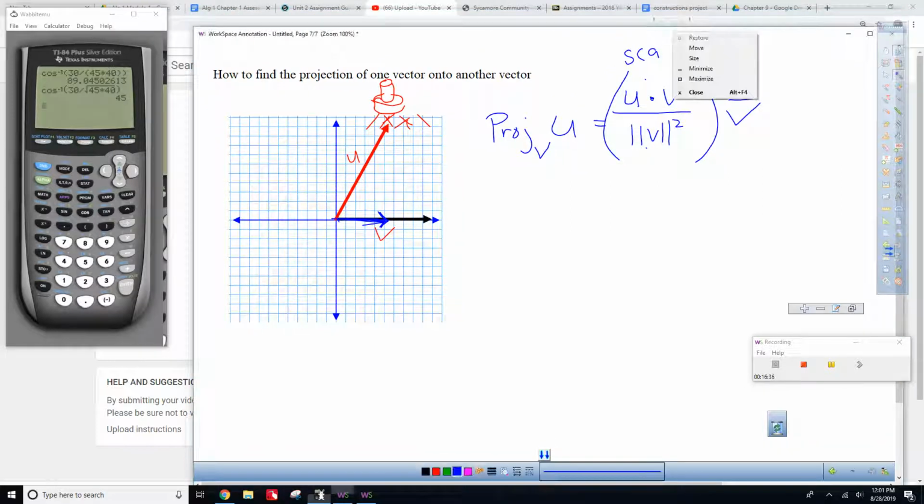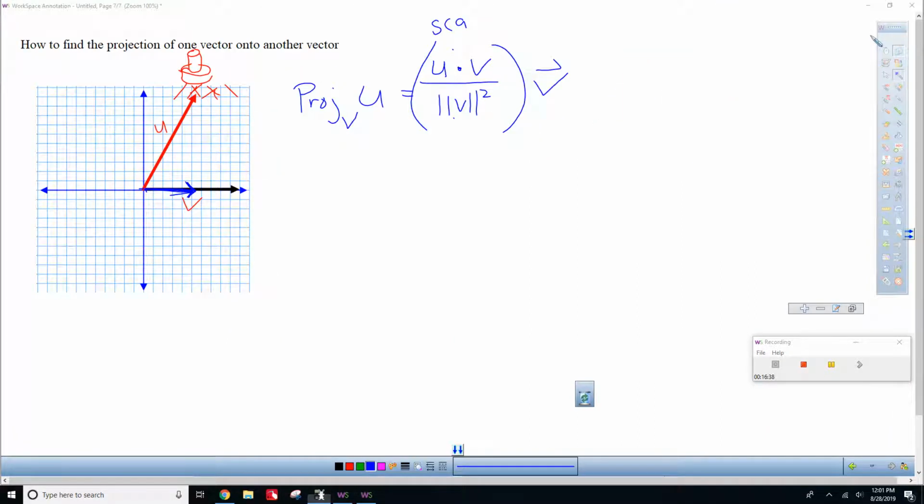A scalar is just a number. This is a scalar. This is a vector. And when you take a number times a vector, the answer is a vector, which is what we wanted. We wanted to get this blue vector right there.